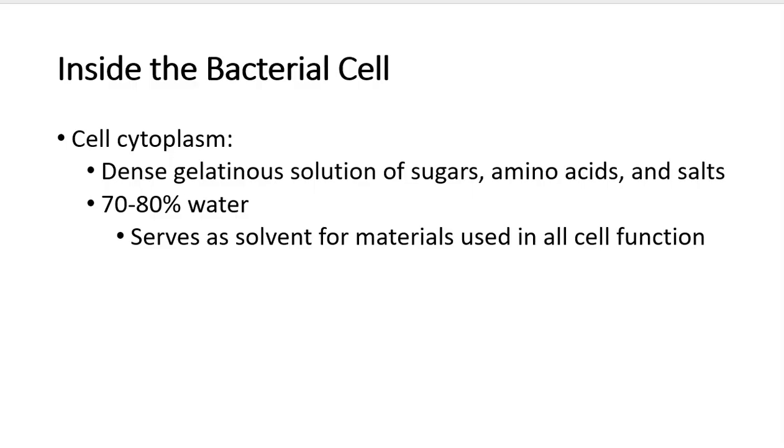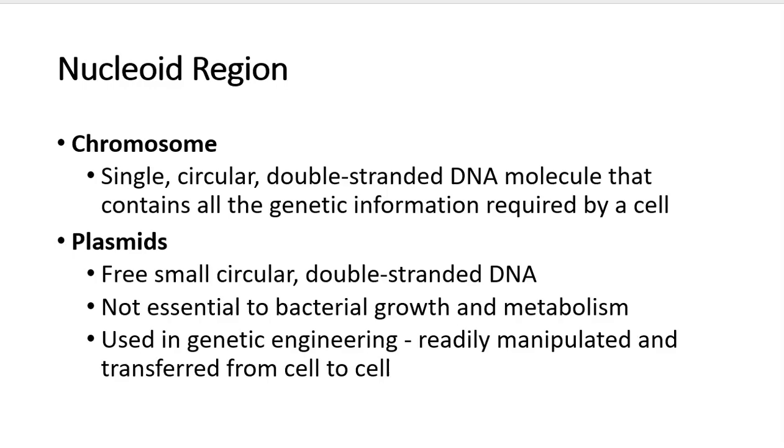Okay. So inside the bacterial cell, it is a gelatinous solution of sugars, amino acids, salts, mainly water, and it's a solvent for the materials used in the function of the cell. All right, a lot more stuff inside our cells. All right, then we get into this nucleoid region.